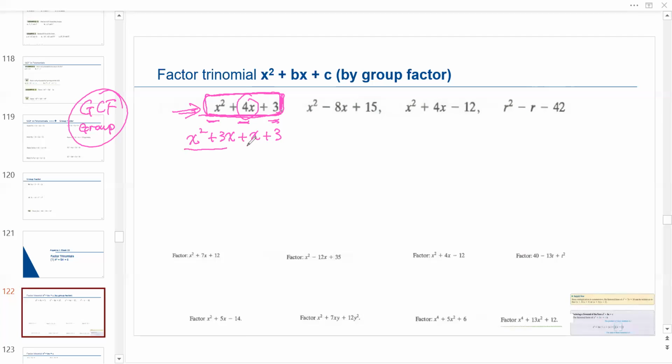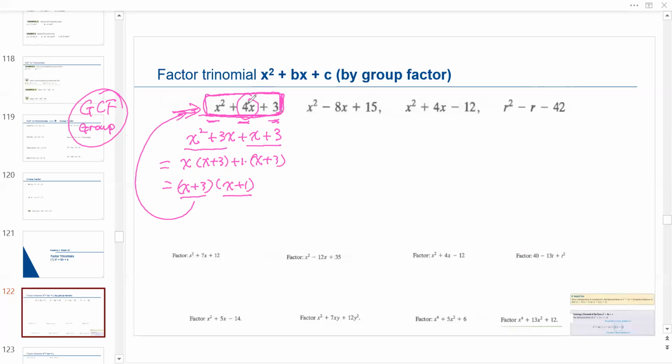We change it into x times (x plus 3), and the second is (x plus 3) times 1. So x plus 3 is the common group factor, and the rest is x plus 1. Did you see this one? If you use the group method, you can get that.